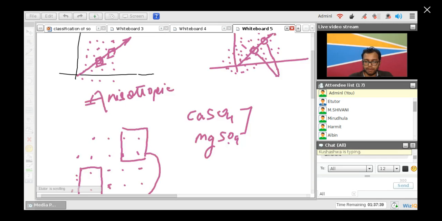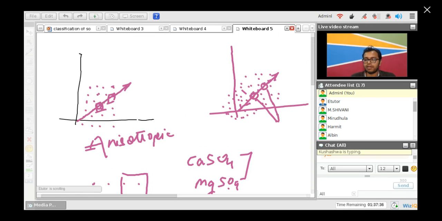Now, if the molecules are arranged randomly, then the number of molecules that you will find in a unit volume at different positions can be different, can be the same, but in most cases it will be the same. So if you are going in a particular direction in the case of an amorphous solid, where the molecules are arranged randomly, you will find the same number of molecules in different volumes.